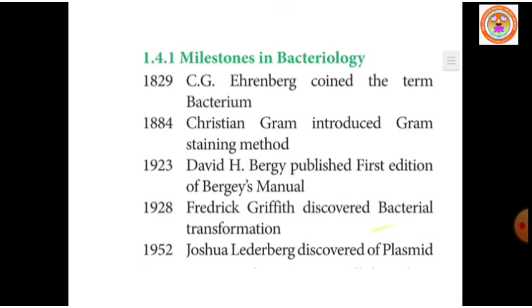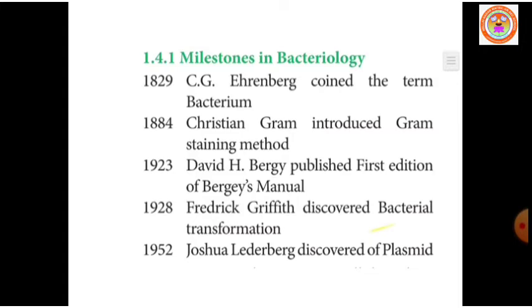As I told earlier, Ehrenberg coined the term bacterium at first in 1829. In 1884, Christian Gram introduced staining methods for bacteria. David H. Bergey published the first edition of the book about bacteria, called Bergey's Manual.